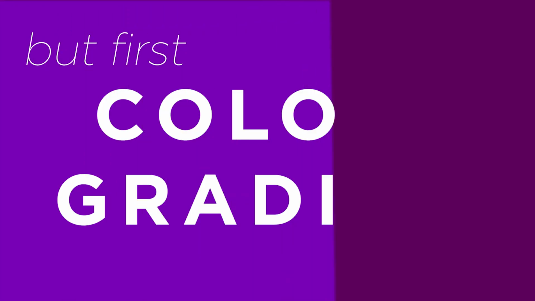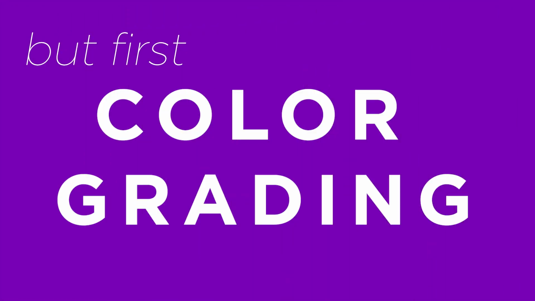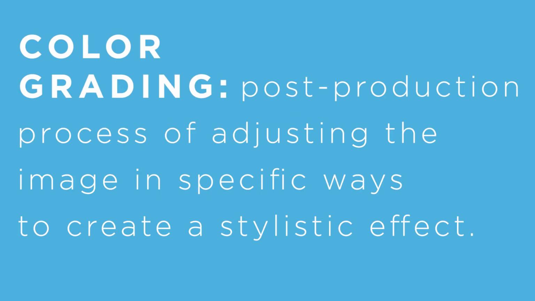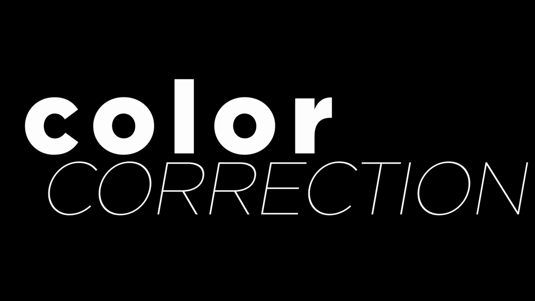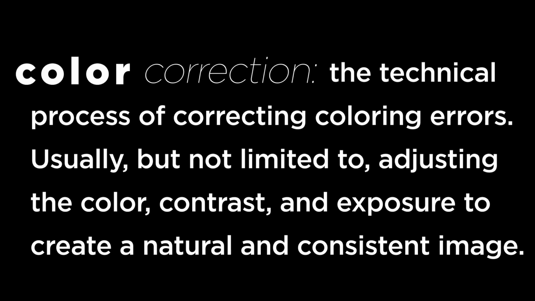Firstly, we need a brief understanding of the color grading process. So, color grading is the post-production process of adjusting the image in specific ways to create a stylistic effect. Not to be confused with color correction, which in layman's terms is the technical process of correcting coloring errors in raw captured footage, as well as adjusting the image's color, contrast, and exposure to create consistency within the shots, to provide a natural, unprocessed foundation for which additional effects or visuals can be added on top.